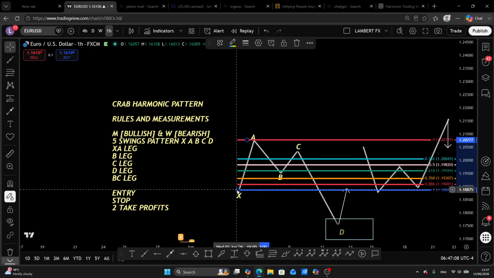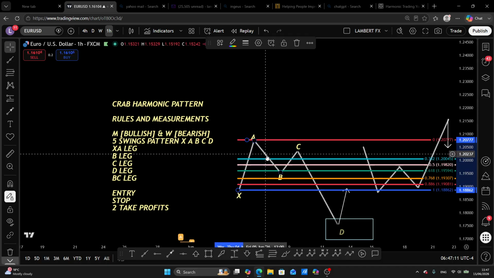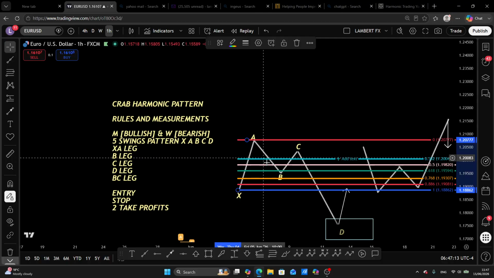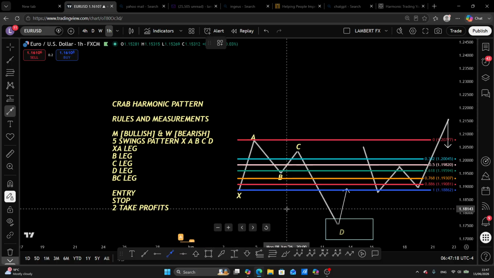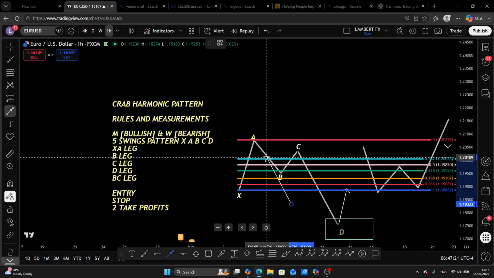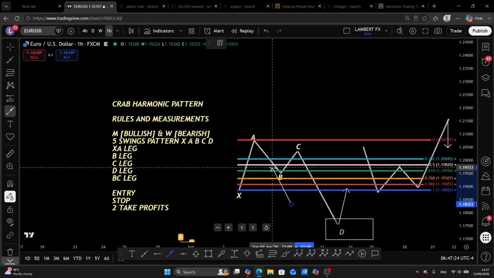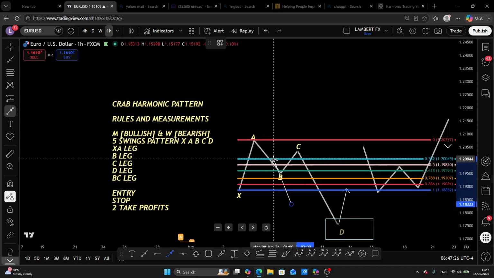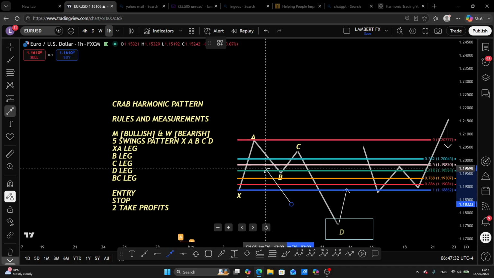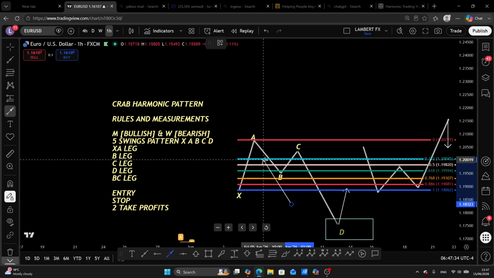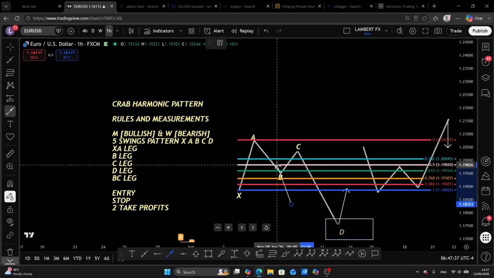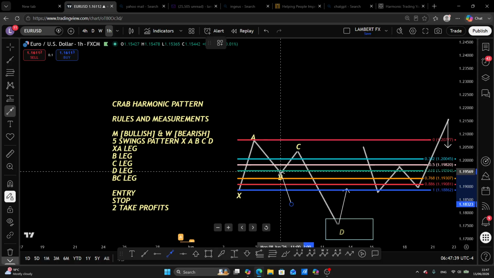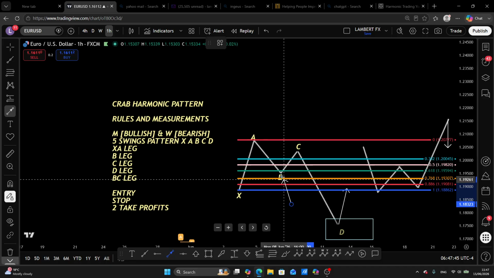Okay, so you measure from X to A. Your B leg, which is your first retracement down for your M, for the bullish opportunity. For this first retracement down, the rules are that it must touch 0.382, sorry, I said 0.368 earlier, it's 0.382. It can touch 0.5 and 0.618, but must not touch 0.768.